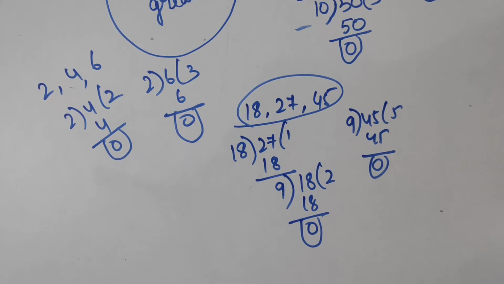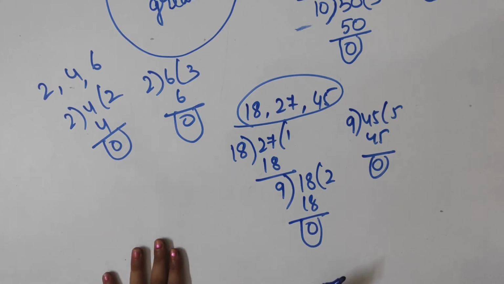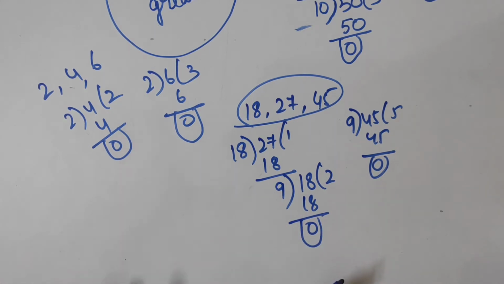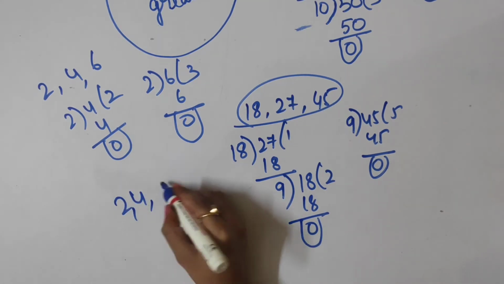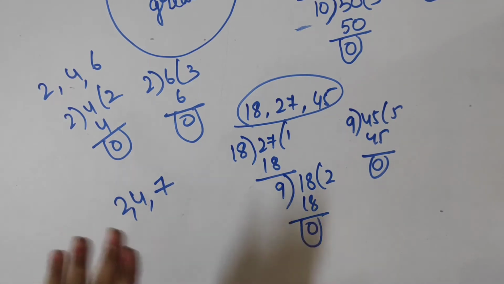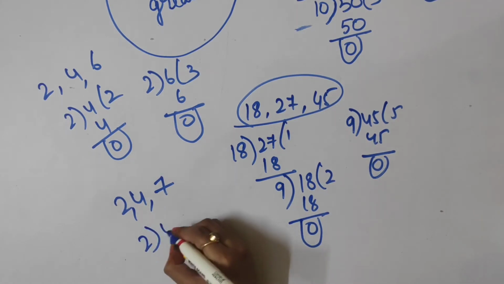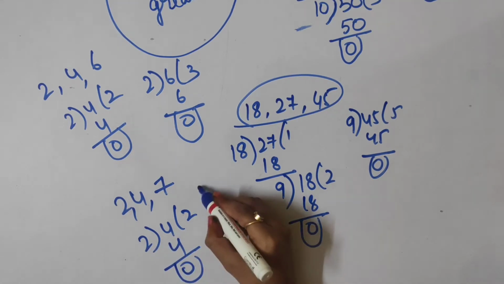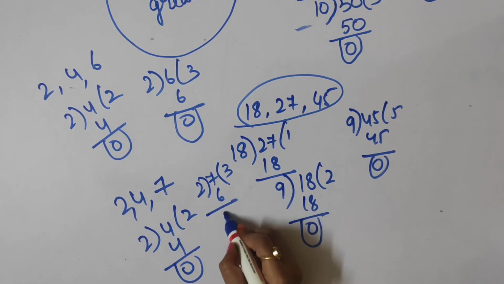So that's how it makes some HCF problems easier. And if you don't find that all the numbers are divisible by one number, let's say 2, 4 and 7, then there is most likely a chance that our HCF is going to be 1. Let's see: 2 2s are 4, 0, and again 2 3s are 6 and remainder 1.